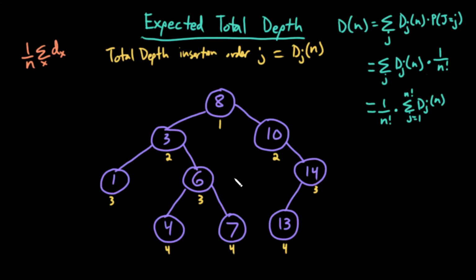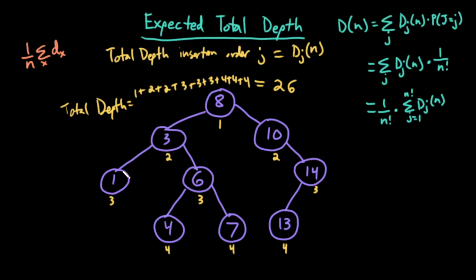So for this specific tree, the total depth is 1 plus 2 plus 2 plus 3 plus 3 plus 3 plus 4 plus 4 plus 4, right? I'm just adding the depths of every single one of these nodes. So this is 4, 8, 12, 15, 18, 21, 23, 25, 26. So if I'm doing my math right, which hopefully I am, the total depth of this specific tree is 26.